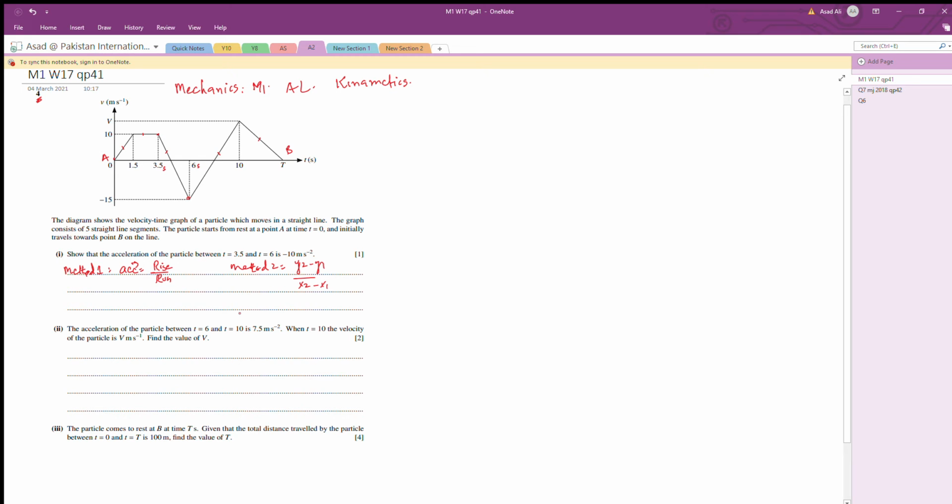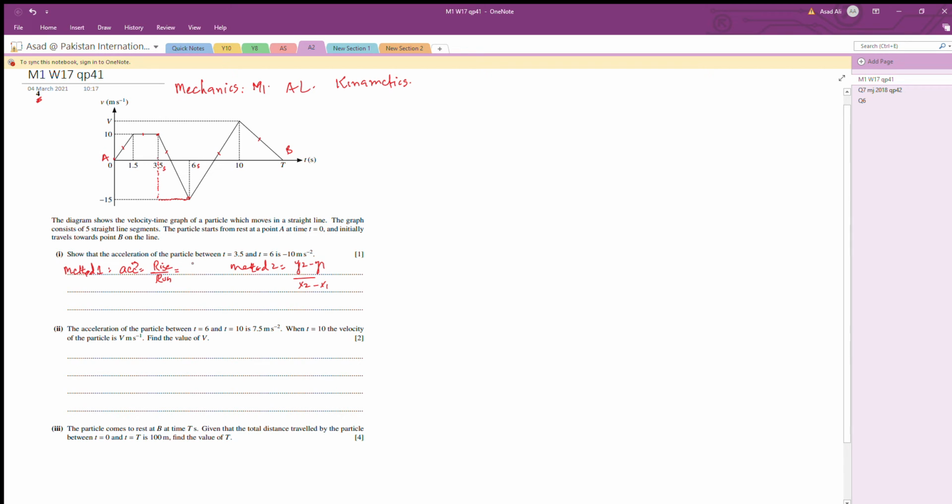The first method: I draw lines in this diagram. What is the rise here? It's from 10 to 0, 10 units, then from 0 to 15, it's 25 units.